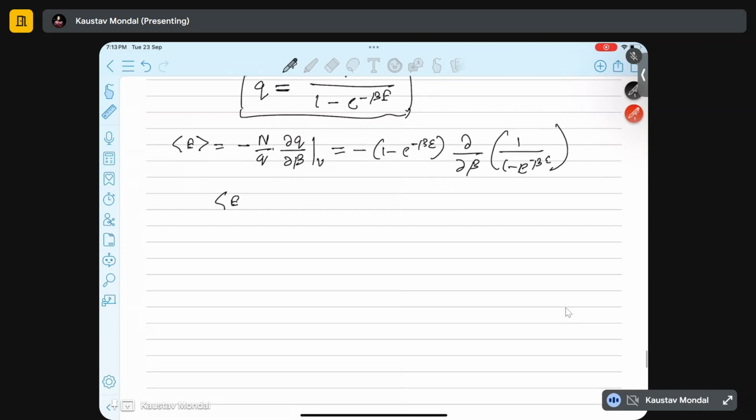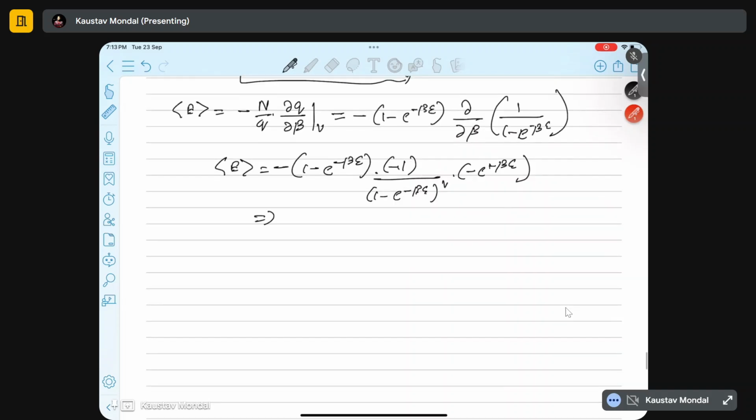So mean E would be simply minus 1 minus e to the power minus beta E, into minus 1 outside over 1 minus e to the power minus beta E whole square, into minus E e to the power minus beta E.